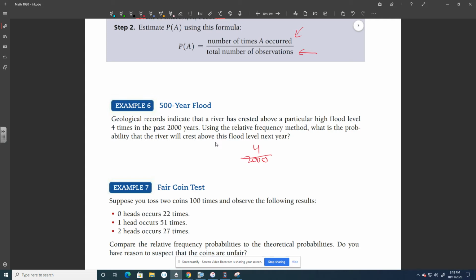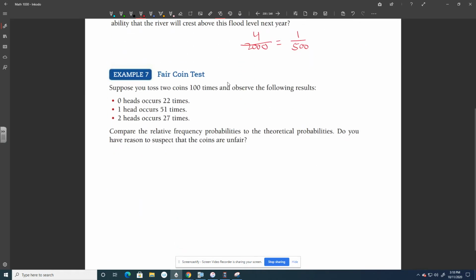So I've got a 4 out of 2,000 probability, which is a 1 in 500 probability. And I'm okay with that. I like it written as a fraction. If it wants you to write it as a decimal, you're welcome to do so, but we're okay with fraction answers. So based on what has happened, that's what our probability is that next year is going to be a flood.